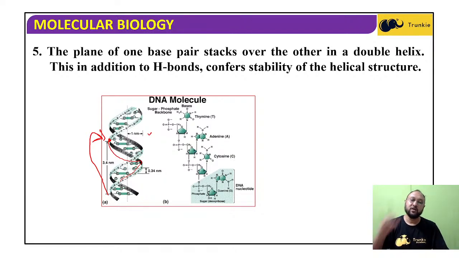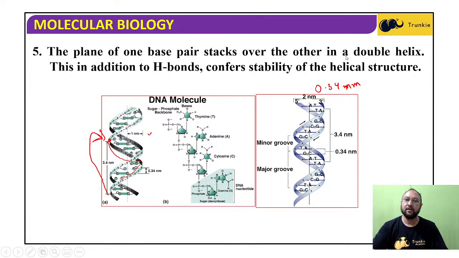That means the distance between two base pairs is 0.34 nanometer. You can see this in the diagram also: the distance from one base pair to the next is 0.34, and from here to here, one turn, is 3.4 nanometers.